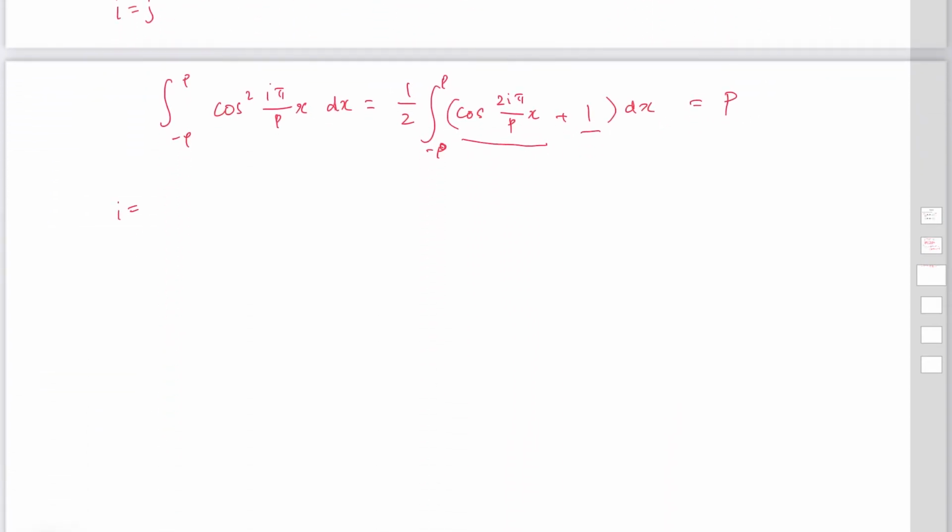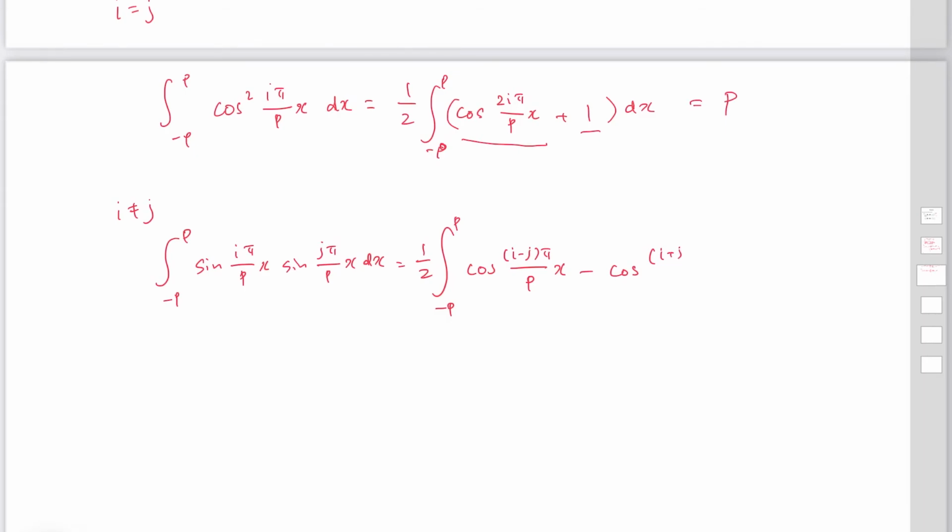When i is not equal to j, the integral from minus p to p of sine(i pi over p x) sine(j pi over p x) dx is expressed as 1 over 2 times the integral from minus p to p of cosine((i minus j) pi over p x) minus cosine((i plus j) pi over p x) dx.